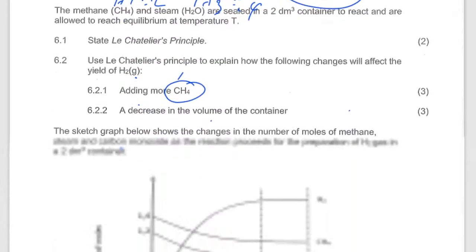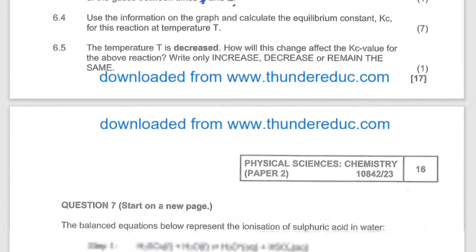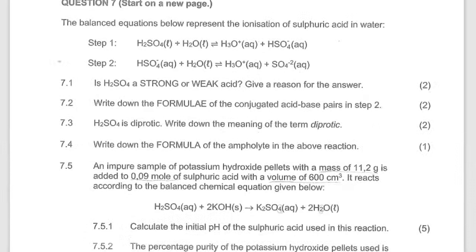When you decrease the temperature, the Kc value is going to decrease. You're going to form less product, and if you have less product, the value of Kc is going to be small.